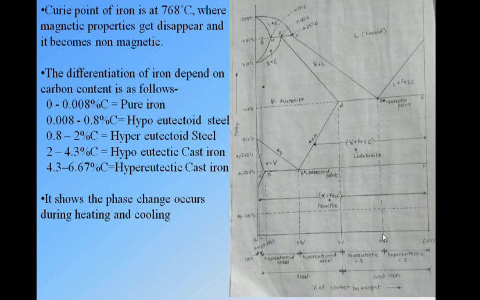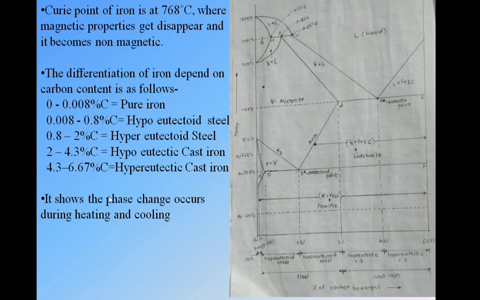So again in cast iron we have two classifications: hypoeutectic cast iron, from 2 to 4.3% carbon, and hypereutectic, from 4.3% to 6.67% carbon. This way steel is classified into hypoeutectoid and hypereutectoid steel, and cast iron into hypoeutectic and hypereutectic cast iron.